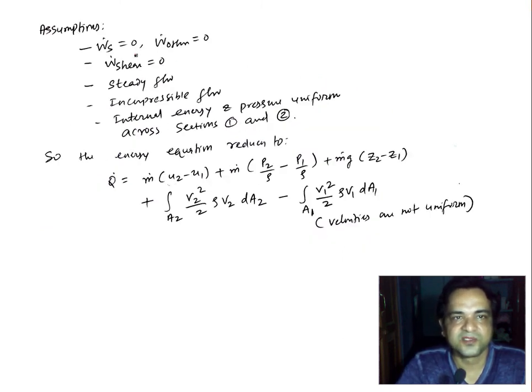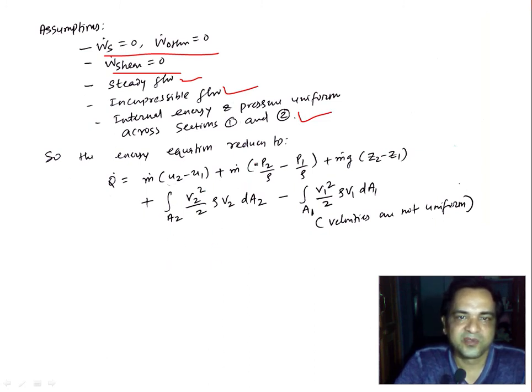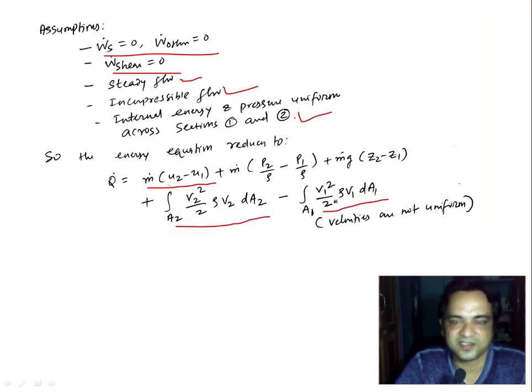The assumptions are: all forms of work transfer are 0, it's a steady flow, it's an incompressible flow, and the internal energy and the pressure are uniform across sections 1 and 2. So the energy equation reduces to m dot (u2 minus u1) plus m dot (p2 by rho minus p1 by rho) plus m dot g (z2 minus z1) plus the kinetic energy terms.